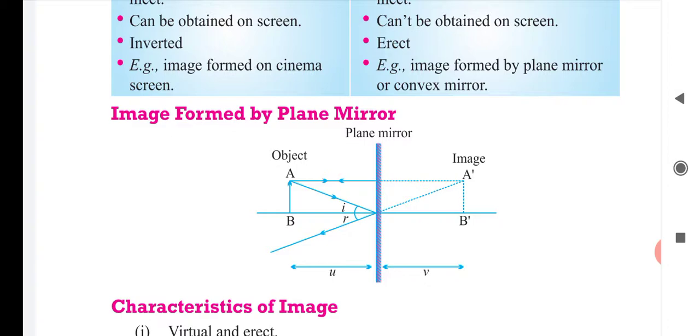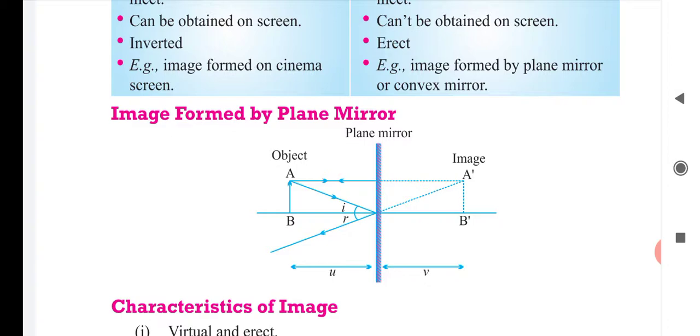Okay, so let me take one ray from A. You can see one ray I have taken from A to the plane mirror, which makes an angle i, that is the angle of incidence. After hitting the plane mirror, since the plane mirror will not allow the light rays to pass through it, it will reflect back with an angle r. Here also the laws of reflection hold good, that is, angle i will always be equal to angle r.